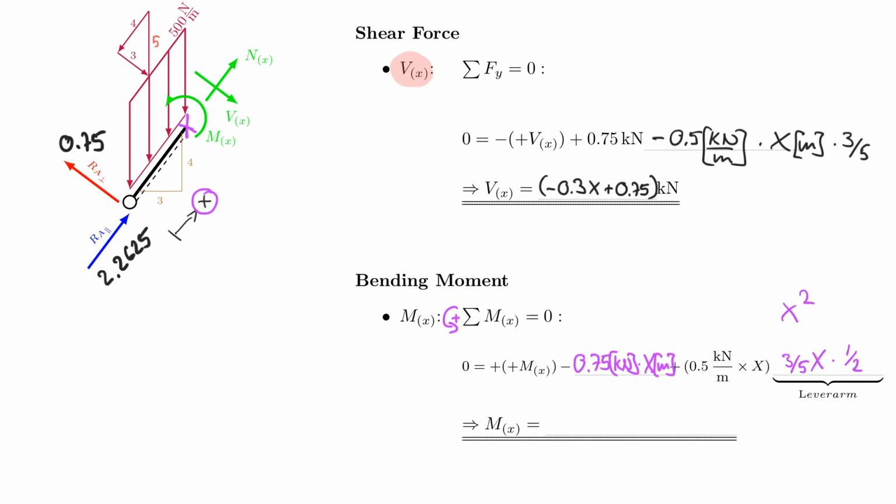So I have x here, and therefore it's a squared equation, which is good because we know that the moment must be parabolic. So ultimately, it's minus 0.15 x squared plus 0.75 x. And this equation, of course, must be in kilonewton meters.